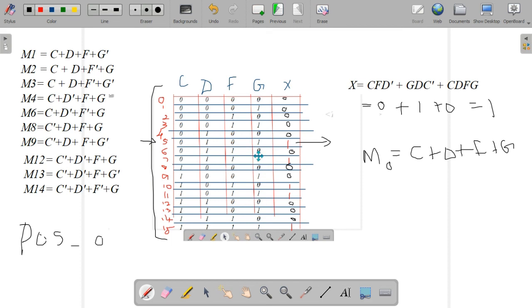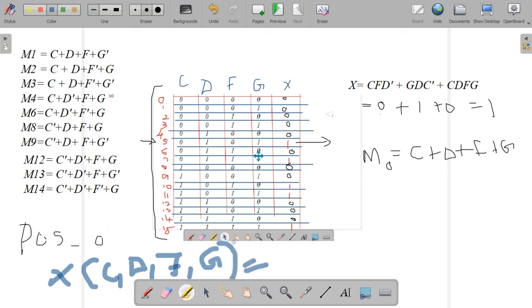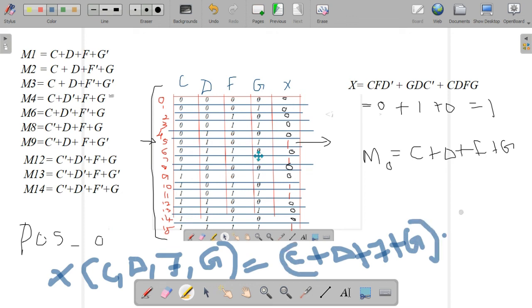So here we got these max terms. This is POS, so we have to write like this. Next, how do you write the expression? We write X of C comma D comma F comma G. You have to write these all one by one.